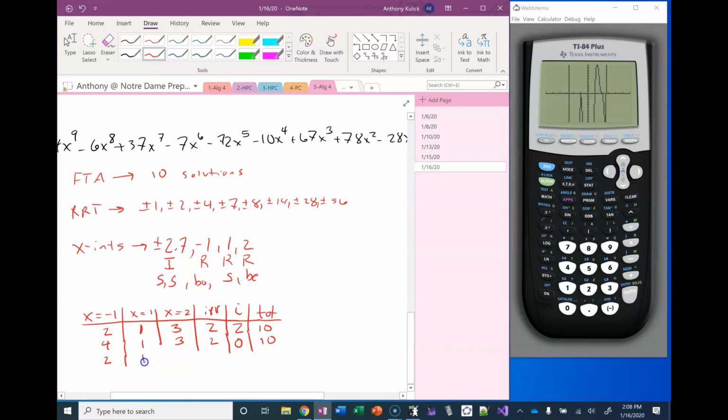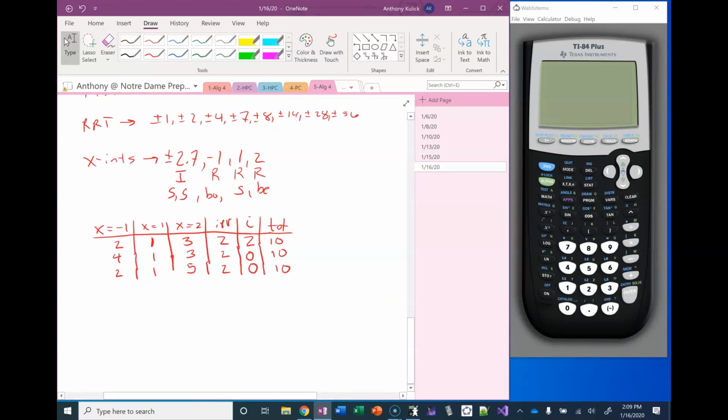But a bend could also be 5 times instead of 3 times. So what if I had 2, 1, 5, 2? That gives me 10. But if I increased both the bounce and the bend to 4 and 5, that would be too many, right? Then I would end up with 12, and that's too many. Everybody's good? Okay. So can I have imaginary solutions here? Yes, I could.